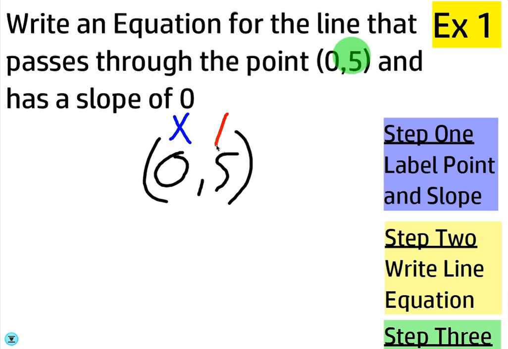The second value is y. Okay. And then the slope, what letter do we normally use for slope? Does anybody remember? I heard the right answer. M. Good. So they said the slope was 0. I'm just going to label that m. You can write m equals 0. That's fine too.